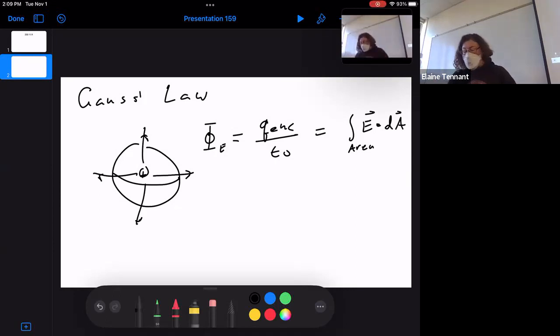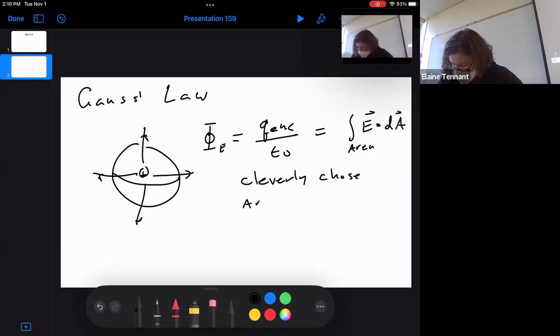If you're clever in that choice of shape around your charge, you could easily do this integral and solve for the electric field. So you cleverly chose your area and then solved for the electric field.